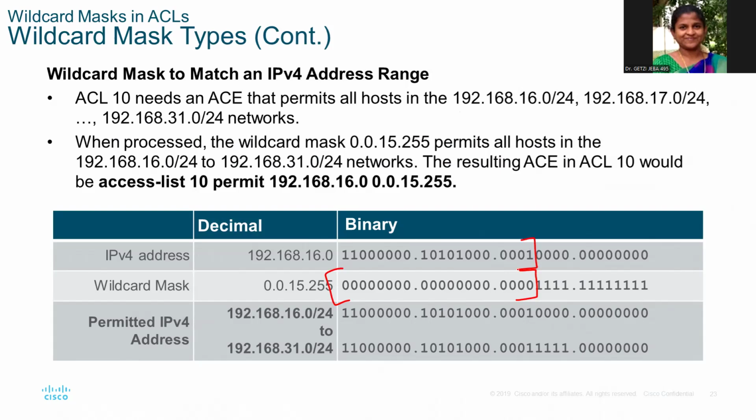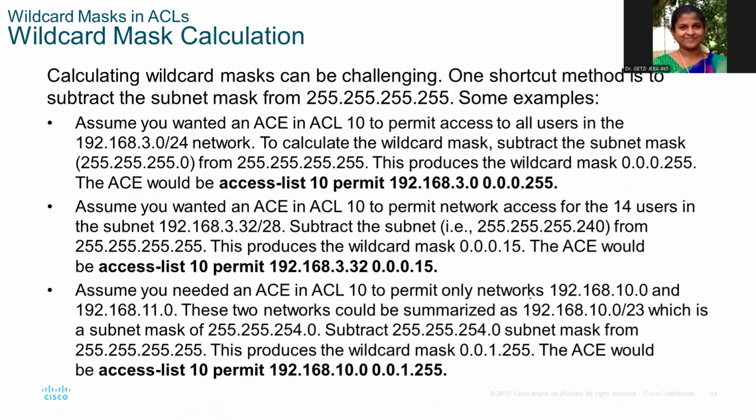The upper bound will be 16 and the lower bound will be 0.0, with the host bits all zeros at the lower bound and all ones at the upper bound. So it will find a match exactly up to this bit. You cannot change any of these bits, but the other bits you can change. So that is 0.0.15.255.